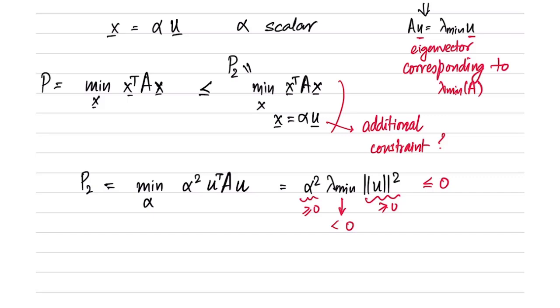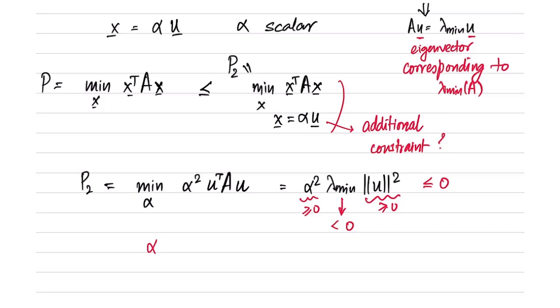And if we choose alpha not equal to 0, then it is natural that this term will be strictly less than 0. So what is the minimum of this term over alpha? What alpha should I choose so as to minimize this term? It is clear that I should choose alpha as large as possible, right?